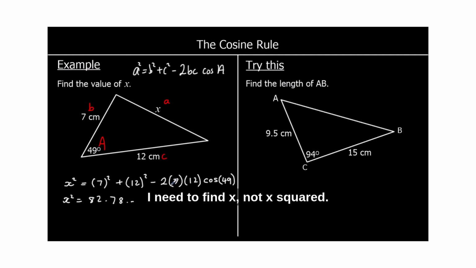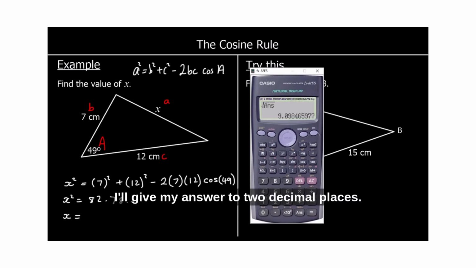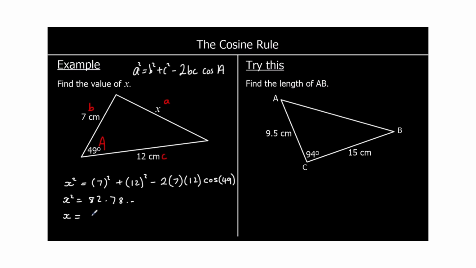I need to find x, not x squared, so I need to square root my answer. I'll give my answer to 2 decimal places. So that's going to be 9.10, and it's centimeters to 2 decimal places.